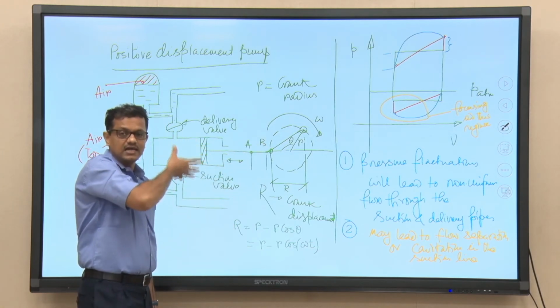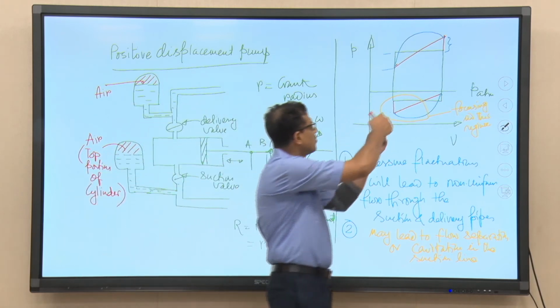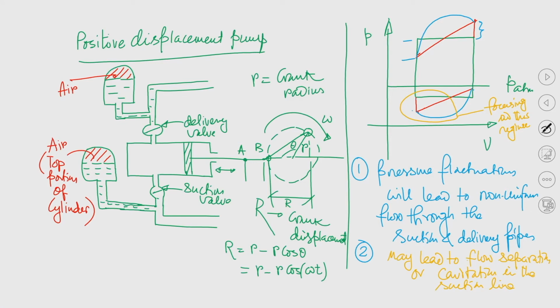Now, at that rotational speed of the crank, you can understand that the higher the omega, the higher will be the inertia pressure at the suction line, and at that pressure we need to ensure that cavitation will not occur, and that is why these air chambers are given. So, this is all about the preventive measure for cavitation in the suction line.